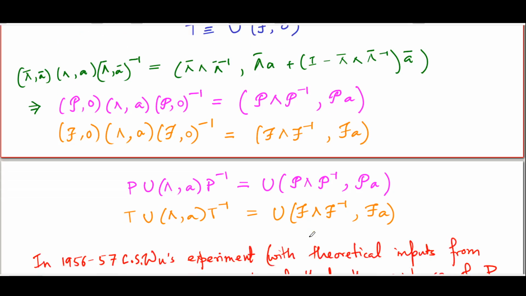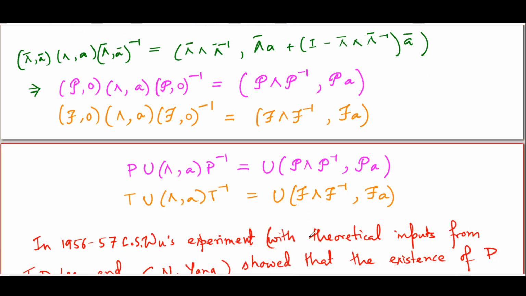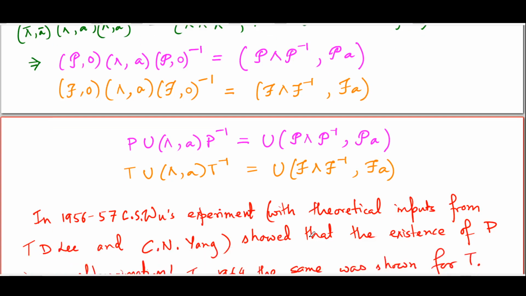Now, as I have been saying, this was taken to be self-evident. The existence of capital P and capital T and the fact that they combine in this particular manner was taken to be self-evident in the early 1960s. In 1956 and 57, Madame Wu carried out a series of experiments.